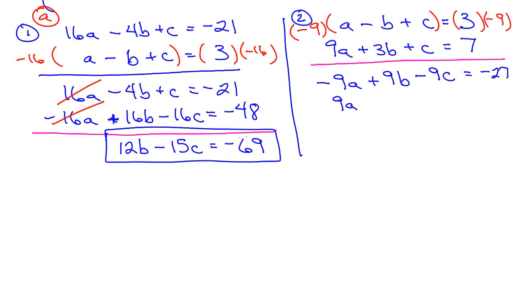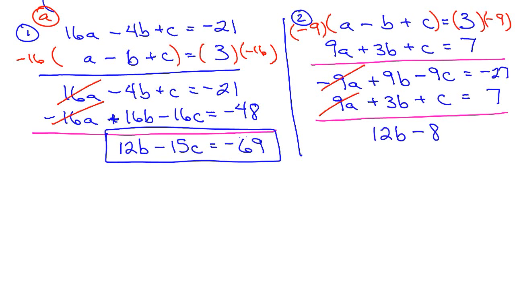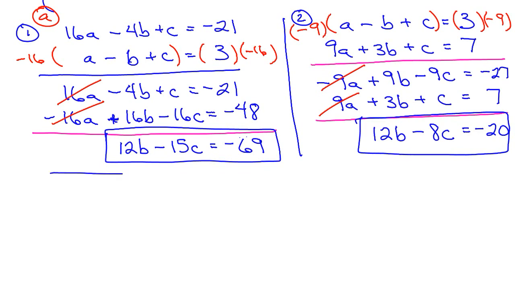And then 9a plus 3b plus c is equal to 7. Elimination here gets rid of the a's, and we are left with 12b minus 8c is equal to -20. Let's keep that equation in mind. And now use those two together to continue the process of solving.